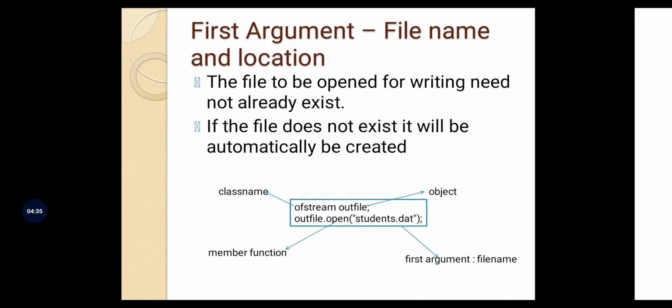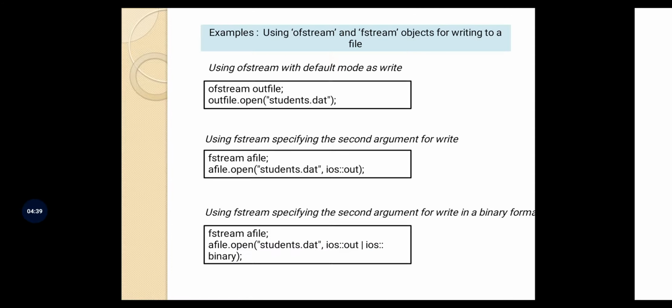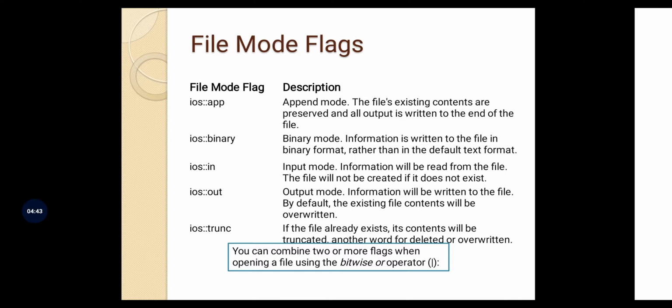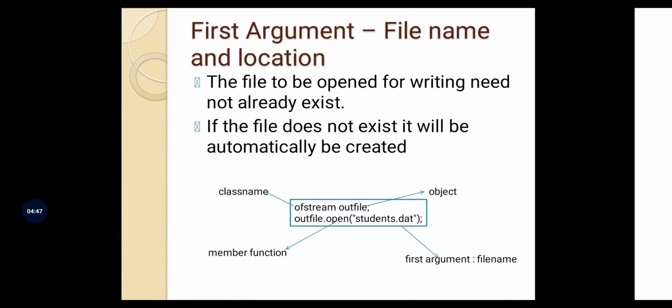But if you use the fstream object, which is basically the derived class object, in that case you need to specify the mode also in which you want to use the file. So the mode could be a read mode or the write mode, because the fstream object contains both. You can create an object for reading from a file or for writing onto a file.